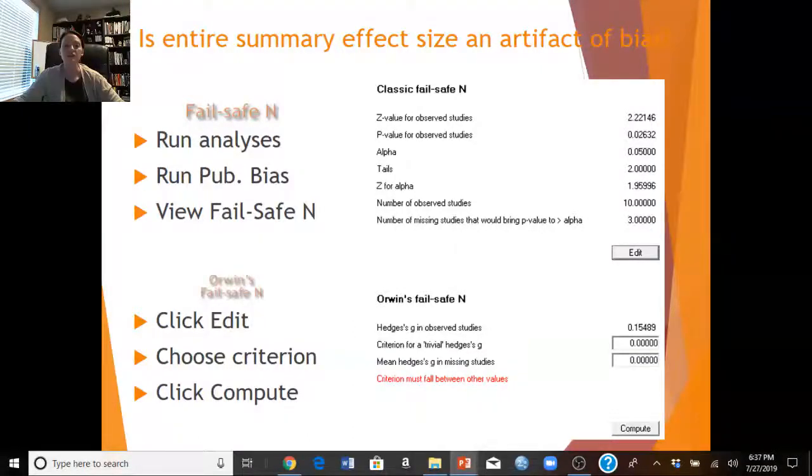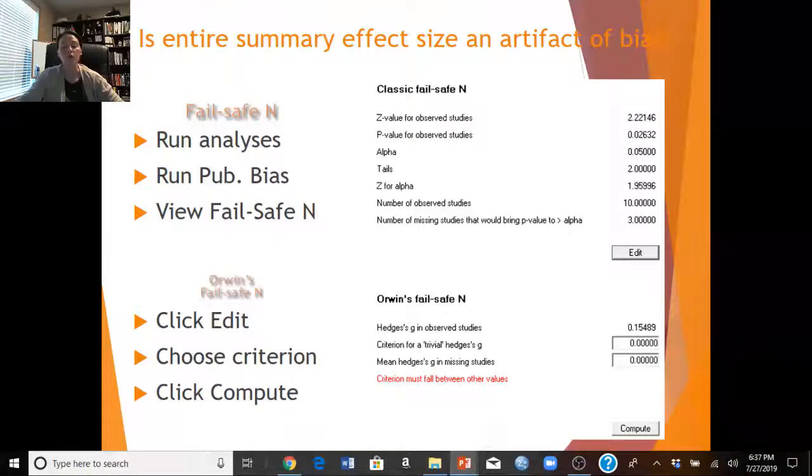In this instance, for the Wilson PowerPoint example, we would only need 3 studies with an average Hedges g value of 0 in order to bring the effect size down to not statistically significant. So in this case, that's not really an artifact of bias.